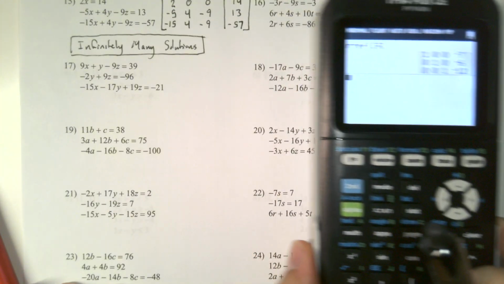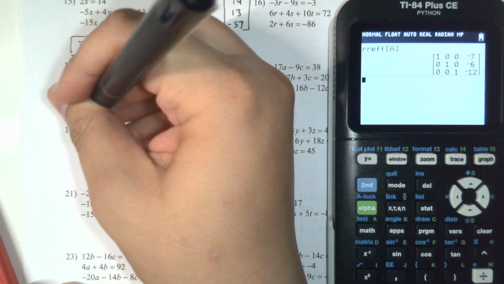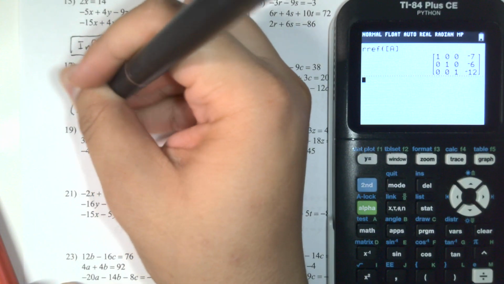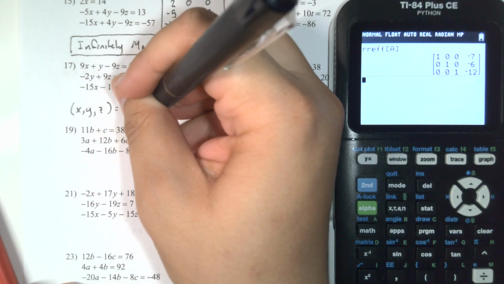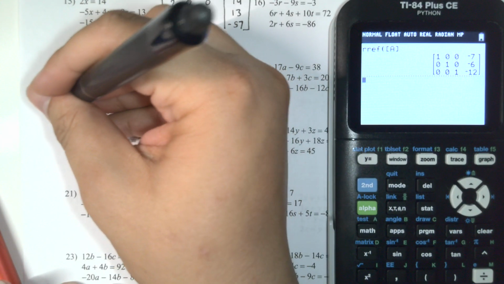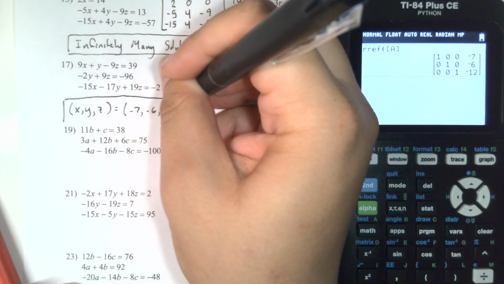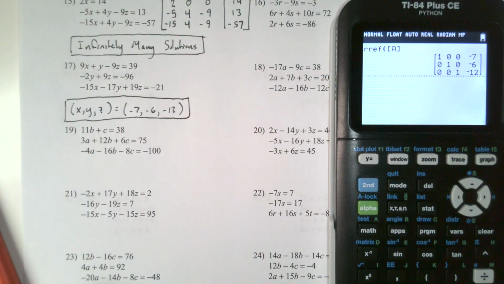So for this one, that means that we have x comma y comma z is equal to negative 7, negative 6, and negative 12. And that's all we have for number 17.